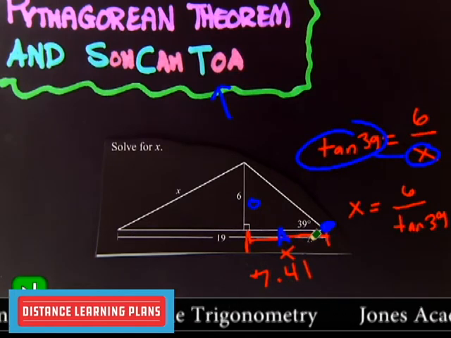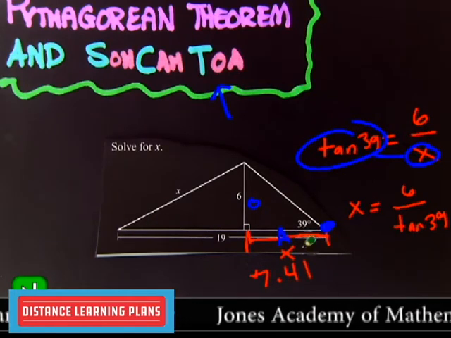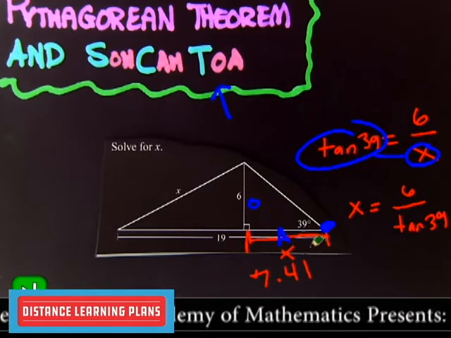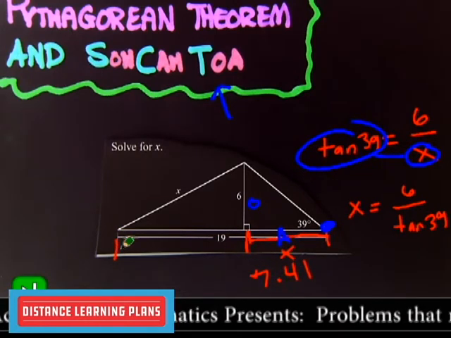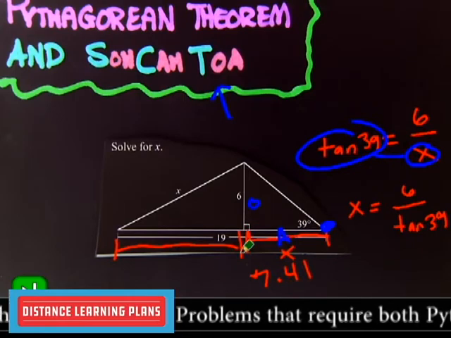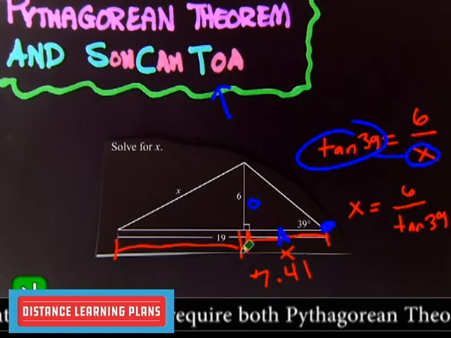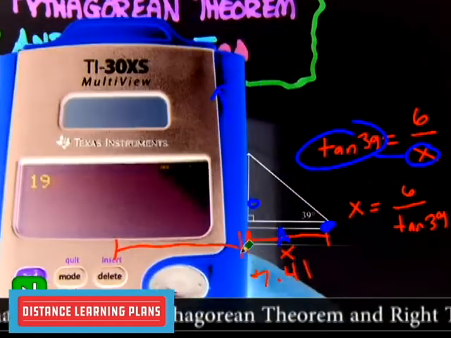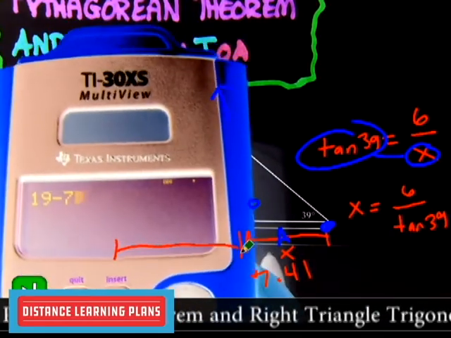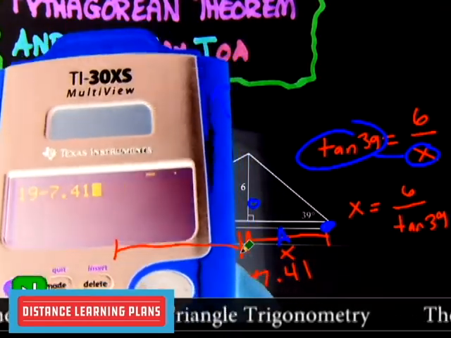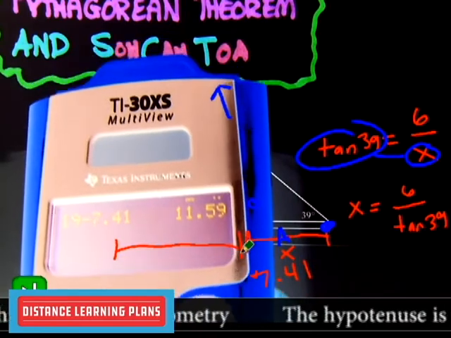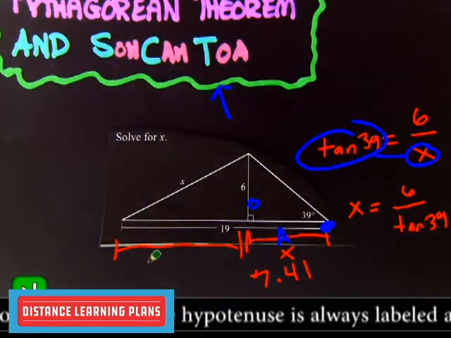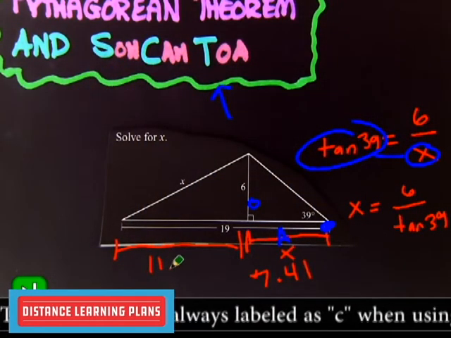So what I've got to do is take 19, take 7.41 away from it to figure out what is the length from here to here. So in my calculator, I'm going to say 19 subtract 7.41, and it's going to say 11.59. So that means this is 11.59.